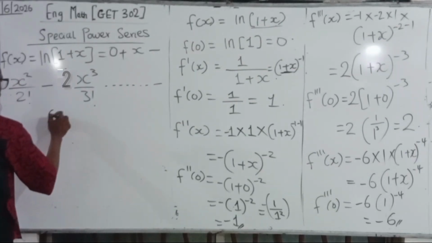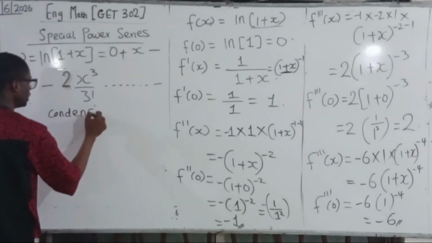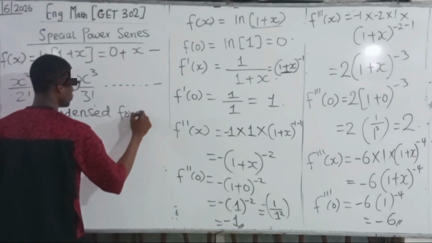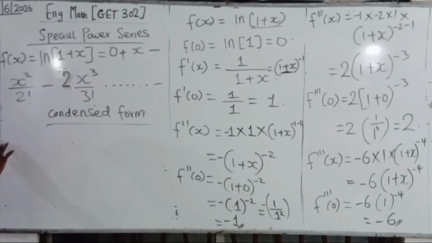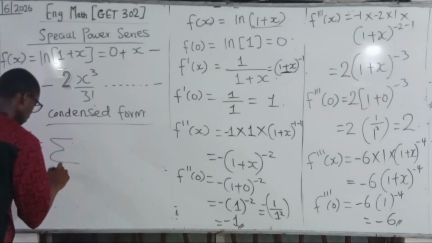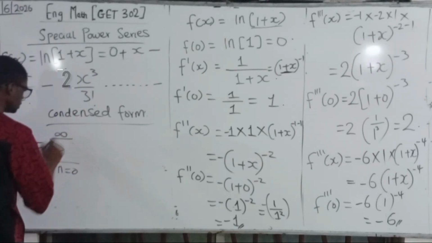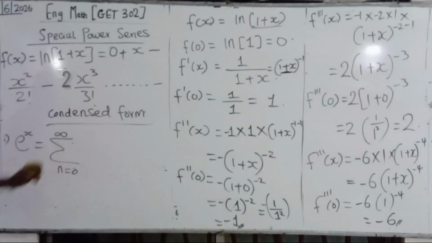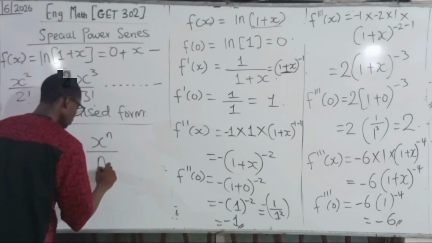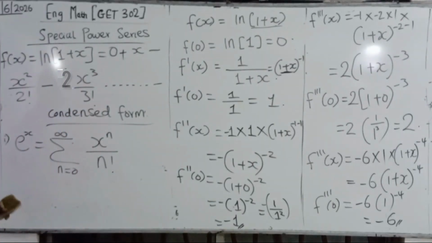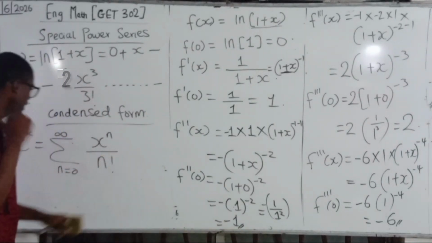Writing the condensed form, for e to the power of x you should have sigma n from 0 to infinity of x to the power of n all over n factorial. That is what you have for this one.